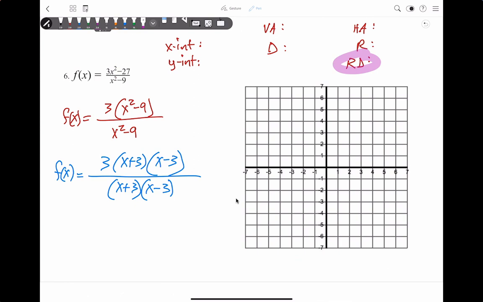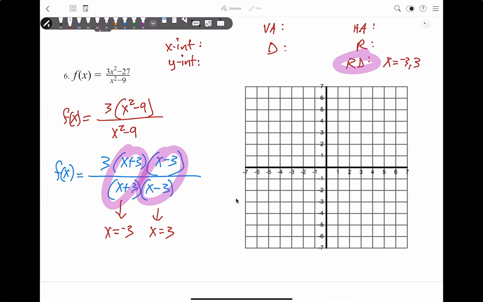So in this sense, we have a carbon copy and a different carbon copy. For this one, the removable discontinuity would occur at 3, because we set it equal to 0 and solve for x. And here it would occur at negative 3. So x is equal to negative 3 and 3. Those are where holes would exist.